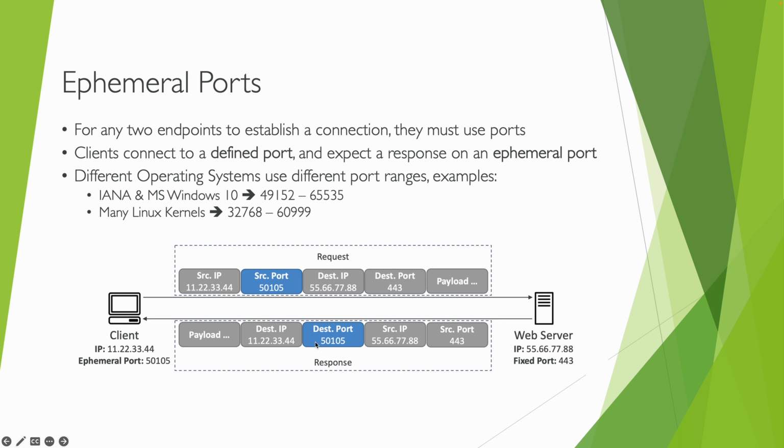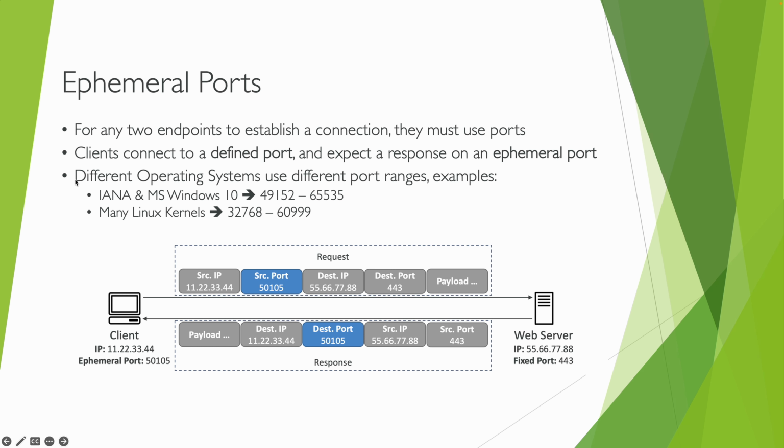This is the destination port. So it sends the response to this particular client on this ephemeral port, and the client receives the response on this port. These ports are called ephemeral ports. You need to understand this because it will be helpful in our hands-on session.